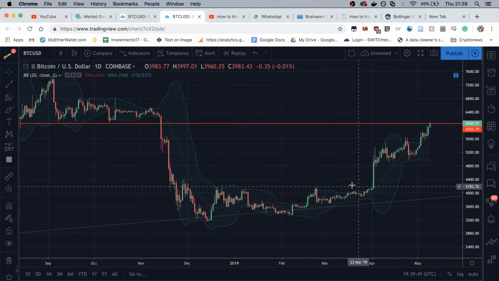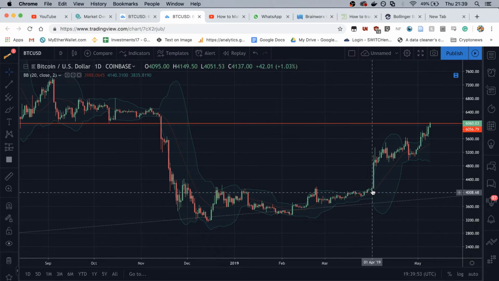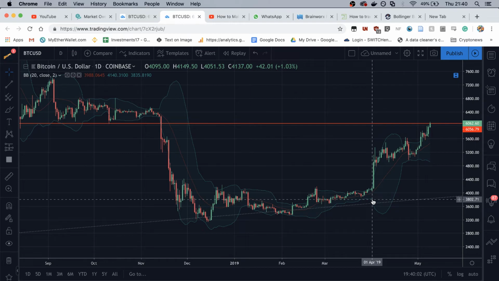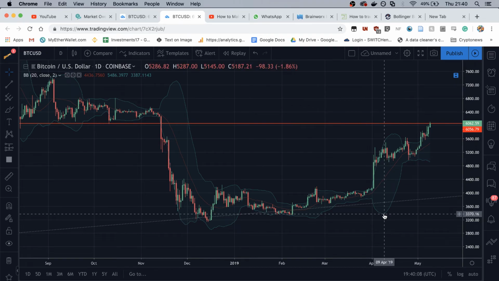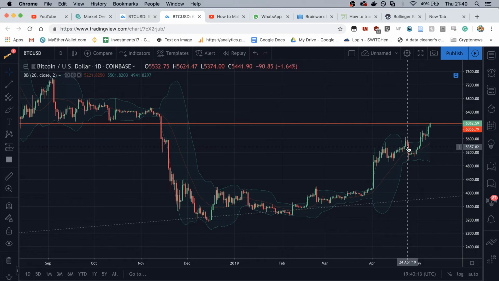Here we have another example of a bullish expansion with the price skyrocketing up from $4,100 up to $5,000, and the lower band goes in the opposite direction with a sharp move down, and it stops its move down when the price starts going sideways, as you can see here.